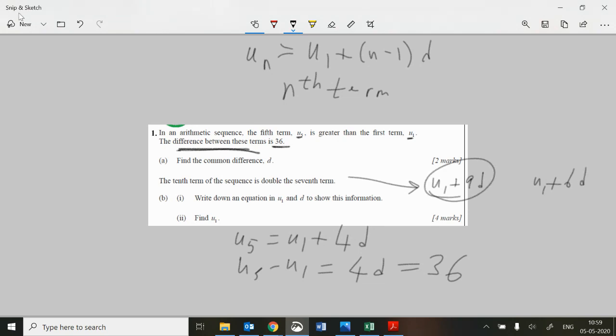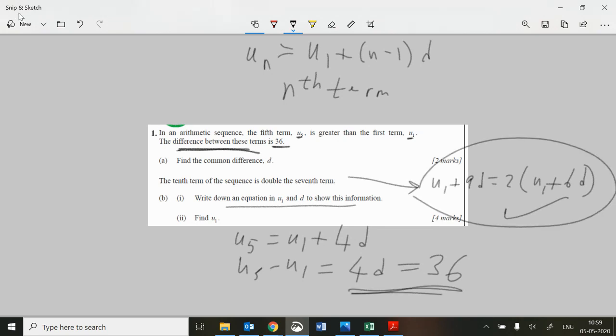And we know that the 10th term is twice the 7th term. So write down an equation in terms of U1 and d, and find U1. Now you can find U1 because you're going to know what d is from the first part.